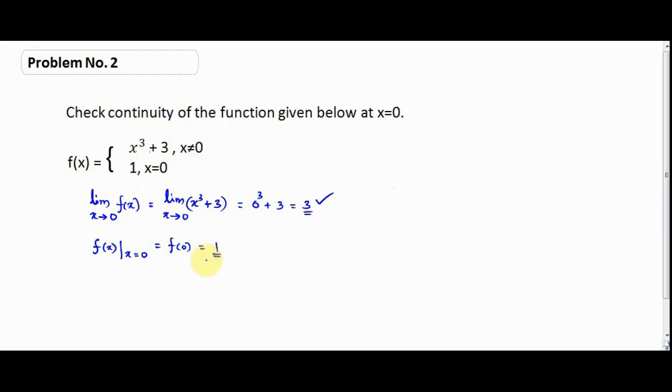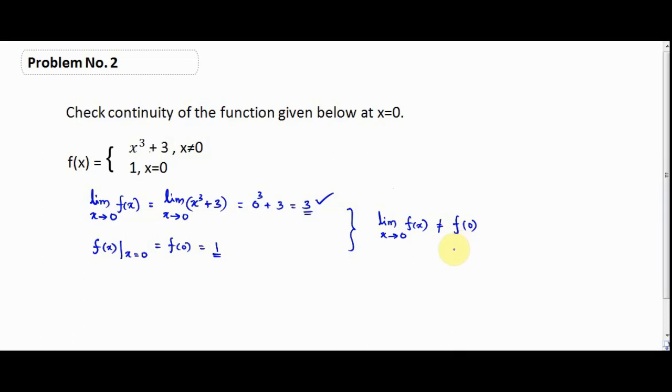Now when you compare these two results, you can see that limit x tends to 0 f of x is not equal to f of 0. So from these two we can conclude that the limit of the function f of x is not equal to the value of the function at the point x equal to 0.